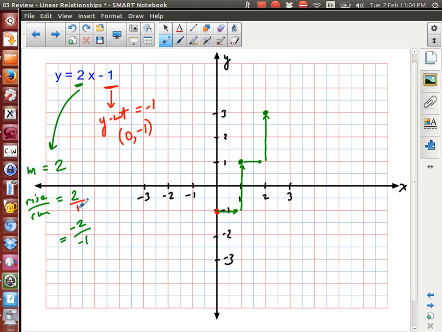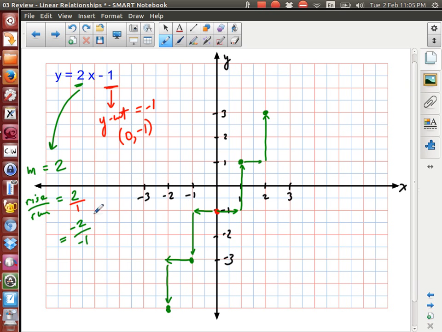I can go to the right by 1 and up by 2, or I can go -1, which would mean go to the left by 1, but when I go to the left by 1, I have to go down by 2. And to the left by 1, and down by 2.